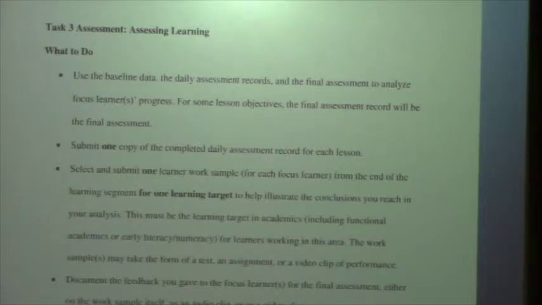That's the student work sample that I was talking about. So you don't got to submit all of this work sample that both students did for all the lessons. You're going to just pick 1 student work sample from one of the lessons for one of your students. Okay? And you're going to submit that, and that's to help illustrate that the students are actually meeting the lesson objectives.